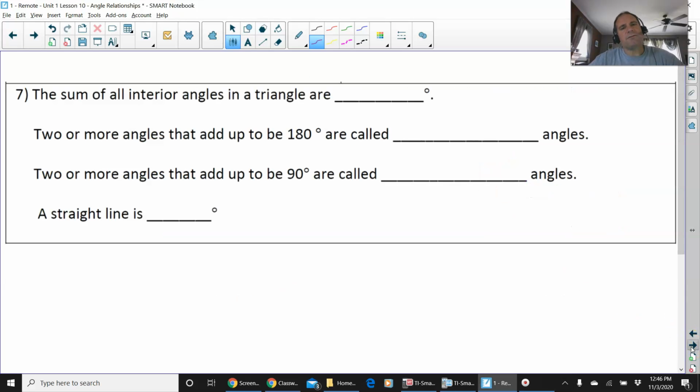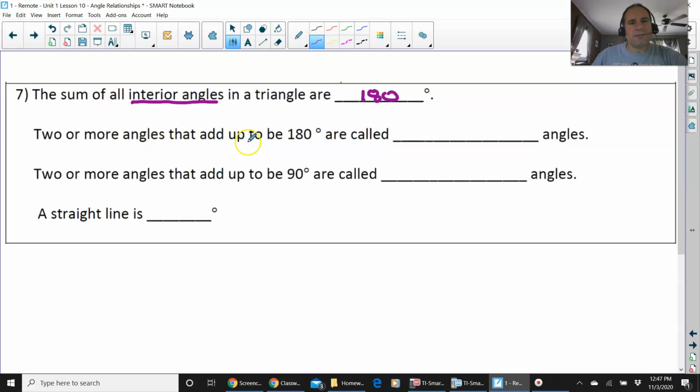Number 7 is all fill in the blank. So go ahead, try those problems now. At this point, you should know this vocabulary. The sum of all interior angles of a triangle is 180 degrees. You add them up.